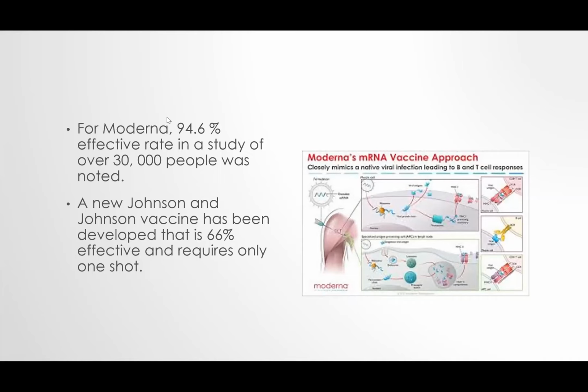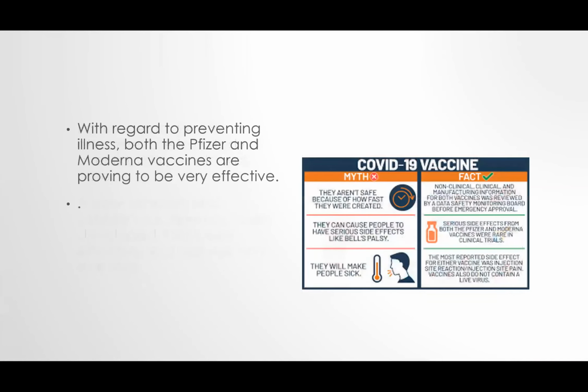And we must add too that both of these have gone through the short-term experimental validation. They have not gone through the long-term 6 months to 1 year validation that is usually needed for validation for a medicine by the FDA. And that is because of the urgency of the moment. With regard to preventing illness, both the Pfizer and Moderna vaccines are proving to be very effective.